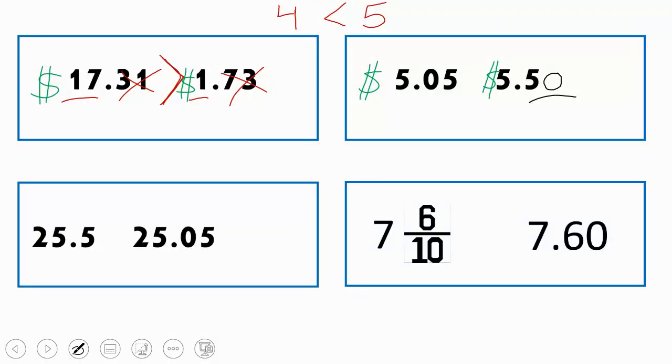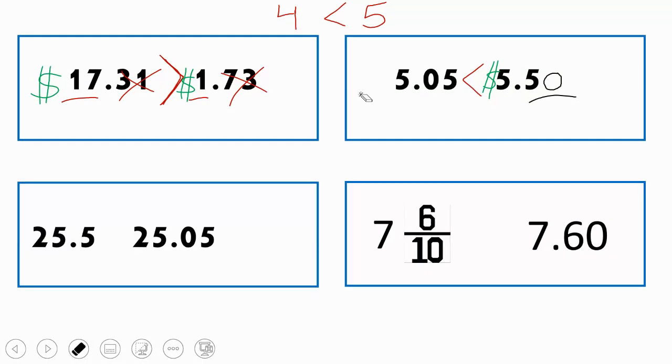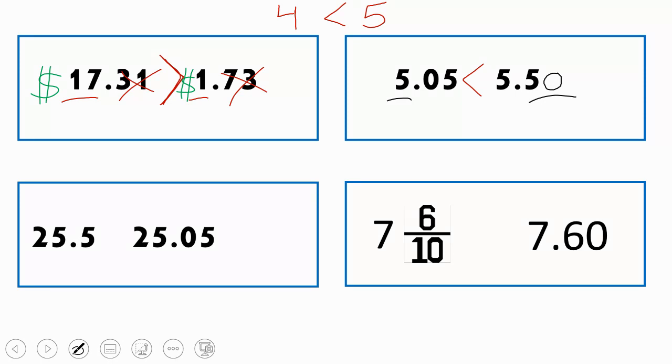So $5.50 is definitely more. But even if you were not thinking about money at all, I can just put that 0 so that I have hundredths versus hundredths. My 5s are the same, so those don't matter. So now I'm going to look at these decimals, and I got 5 hundredths versus 50 hundredths. 50 hundredths is definitely more.